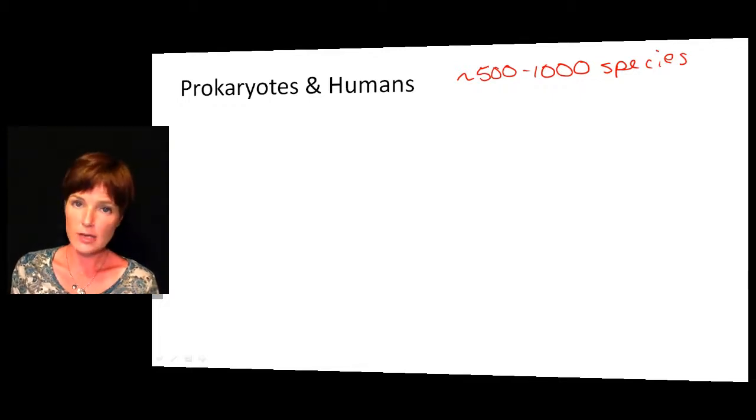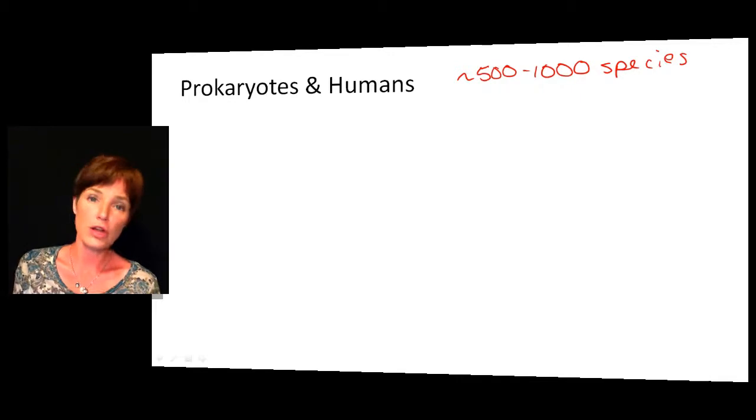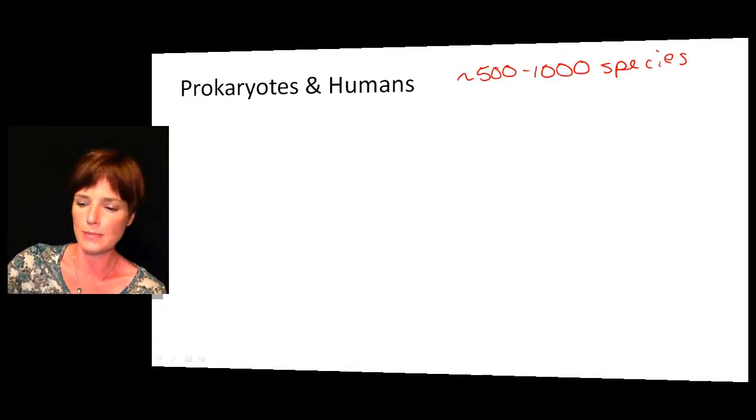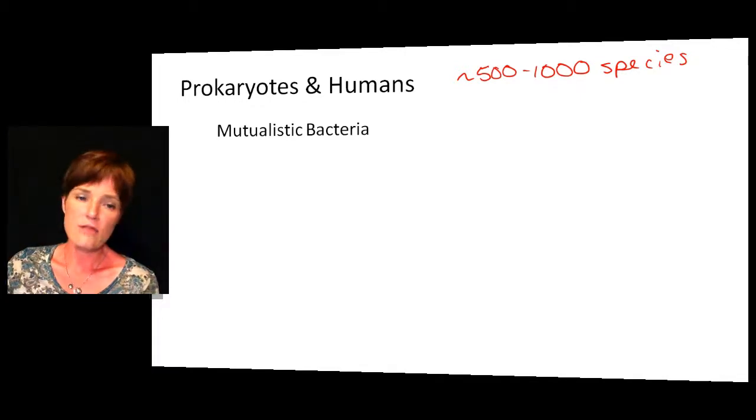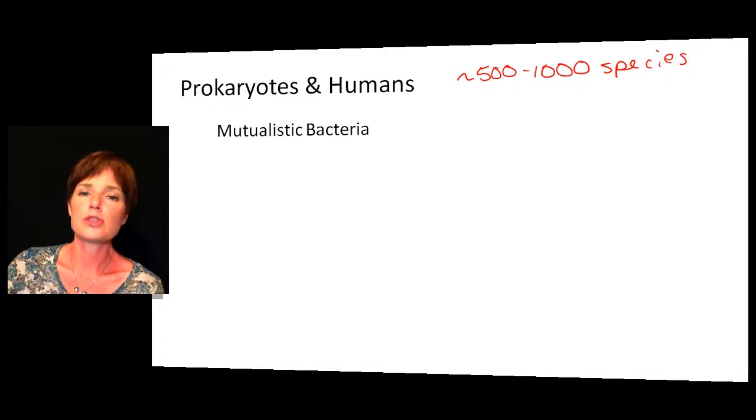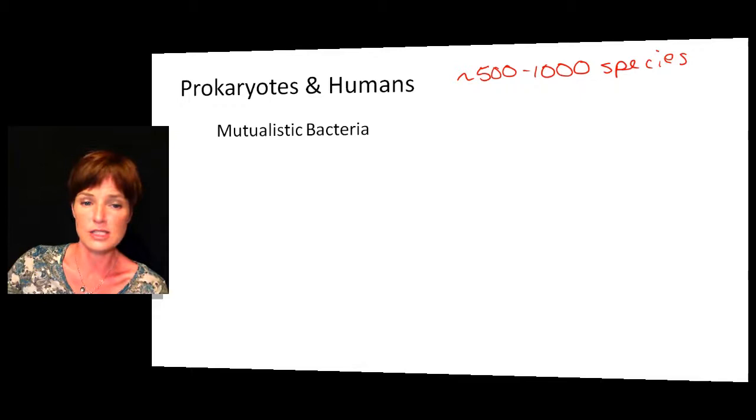This is just talking about our intestines, but you would find them all over the place inside the human body and on the surface of the human body. They can be mutualistic bacteria. We have ones that help us to digest food. They can help to maintain the proper pH in locations. So when we talk about bacteria, these are not all harmful bacteria. So mutualistic, these would be ones that are good.